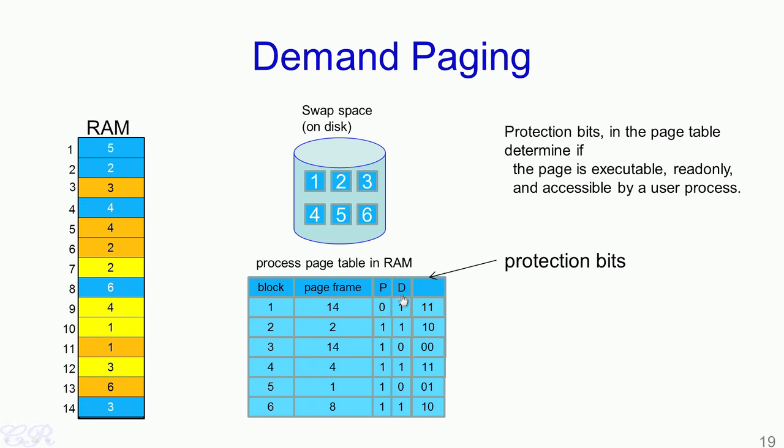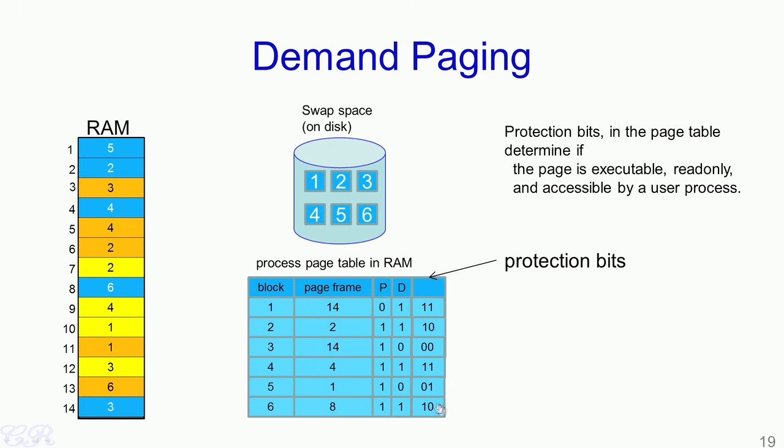In addition to the P and D bits, that is the present and dirty bits, the page table for a process has some additional bits known as the protection bits. These protection bits determine various attributes for a particular block. For instance, the process and the operating system could set various blocks as executable, which means that the data present in that block corresponds to executable code, and therefore, the CPU could then execute it.